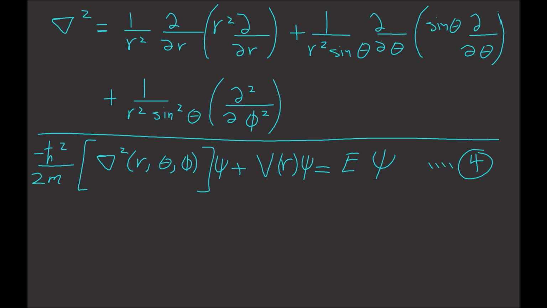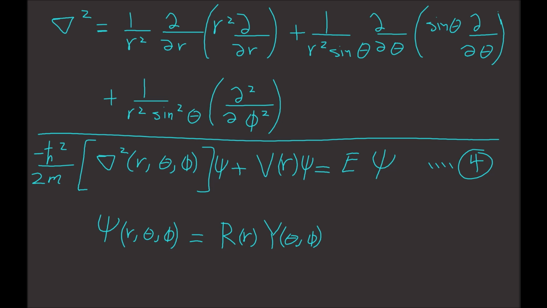So our job is to solve for this psi. Our job is to find the wave function psi. So I'm going to assume the solution. Psi is a function of r, theta, and phi. I claim the solution is a function R of r and another function Y of theta and phi.